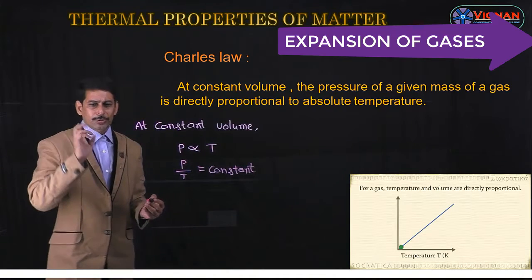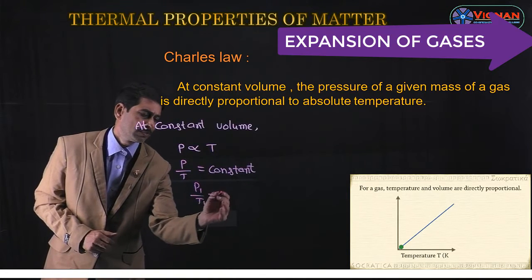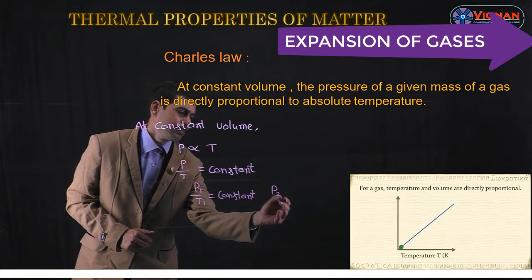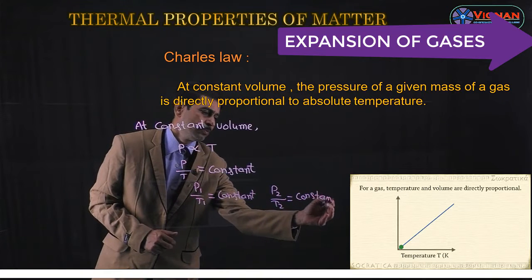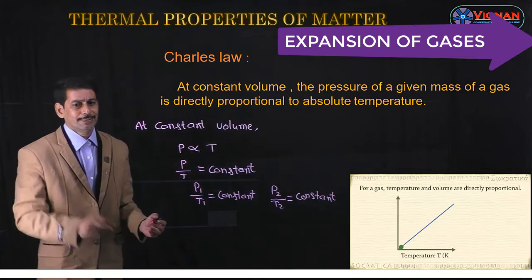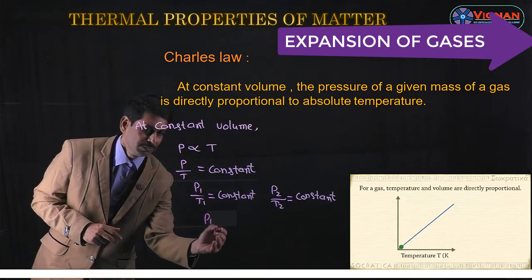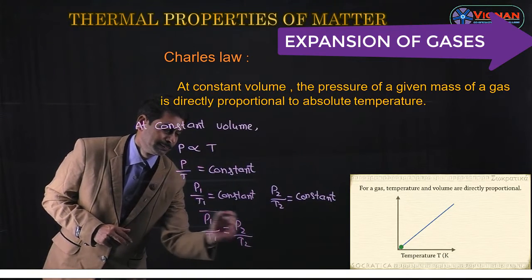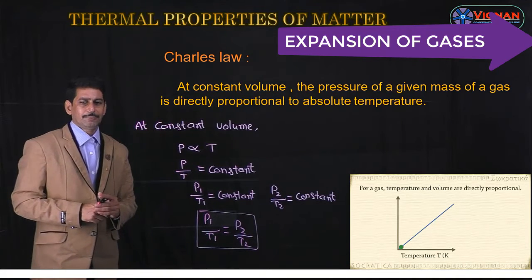And if we consider two different gases, for the first gas P1 by T1 is equal to constant, and for the second gas P2 by T2 is equal to constant, and if we equate these two, then in any problem where two different cases or two different gases are given, we can write this as P1 by T1 is equal to P2 by T2. So this is the relation between pressure and temperature.